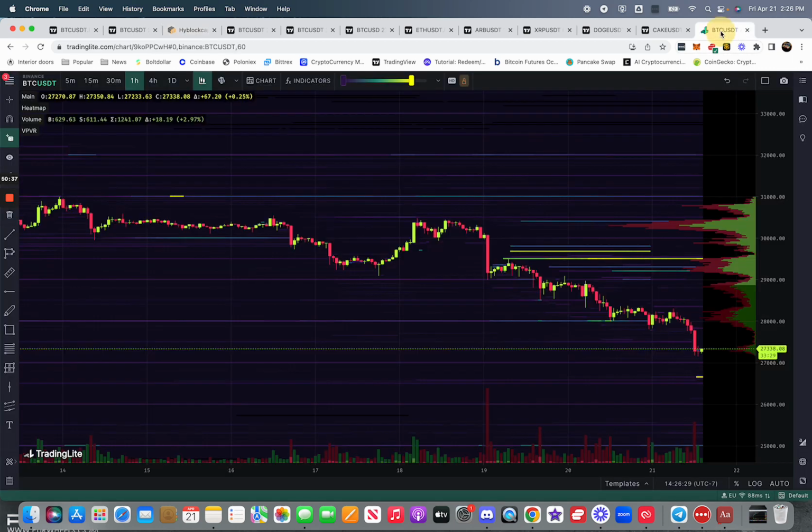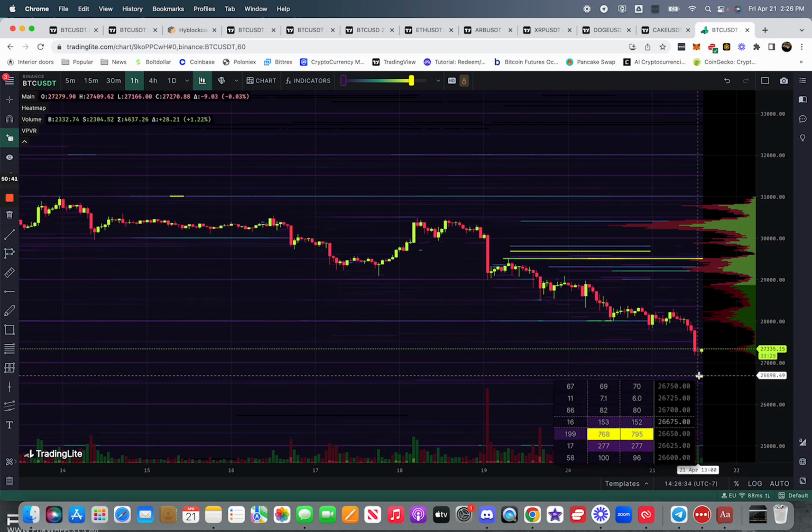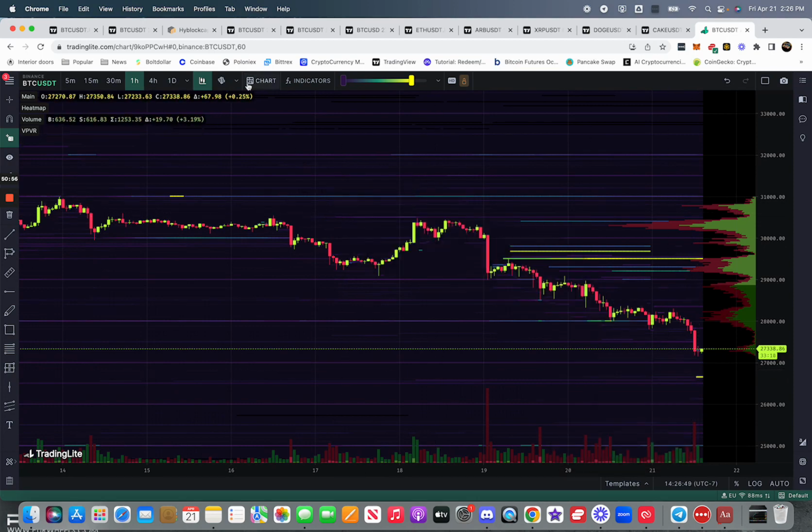Okay, so let's look at spot. Look at spot, guys. They put a very large buy wall for 795 Bitcoin at 26,650. How does this help you? It helps you because then you take that 26,650 and you do this.